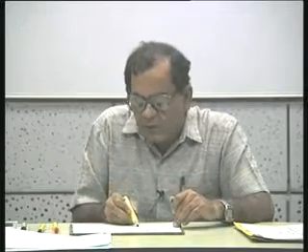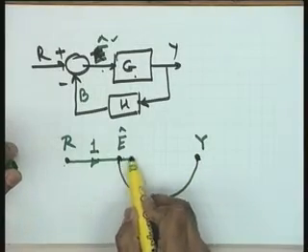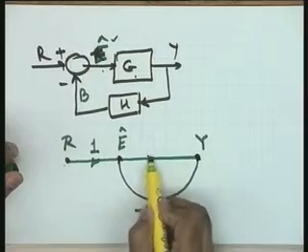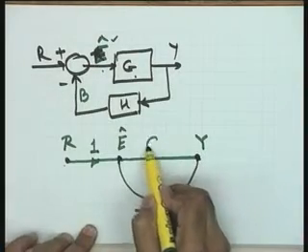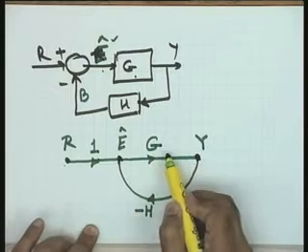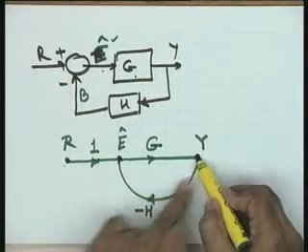The node variable is not calculated in terms of the outgoing signals, rather the outgoing signal is equal to the value of the node variable. So, on this particular branch a signal E cap is travelling, in the process gets multiplied by the transmittance G, and a signal E cap into G is delivered to this particular node.